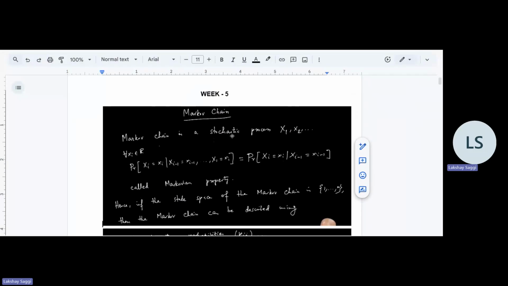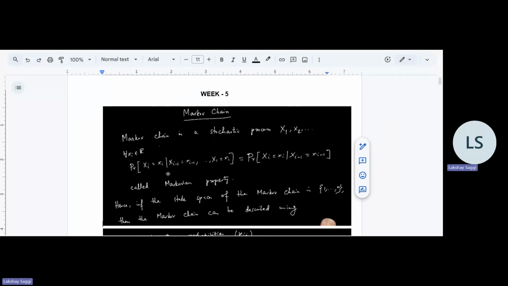And what's a Markov chain? A Markov chain is a special kind of stochastic process where this property holds: the probability that the random variable capital Xi takes the value small xi, given the values that capital X has taken in the past i minus 1 time steps, is independent of time steps i minus 2 and before.